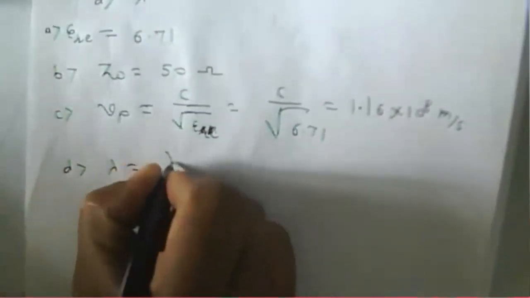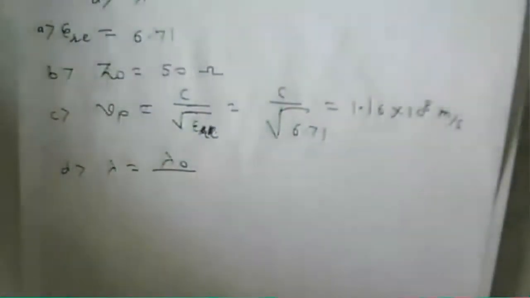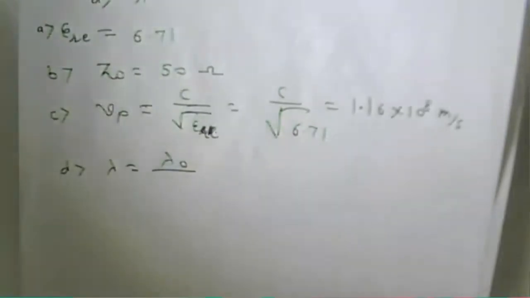So we can calculate that, and we'll get the phase velocity equal to 1.16 into 10 to the power 8 meter per second. So simple. We have calculated epsilon Re, the same we have used, and then we get the phase velocity.